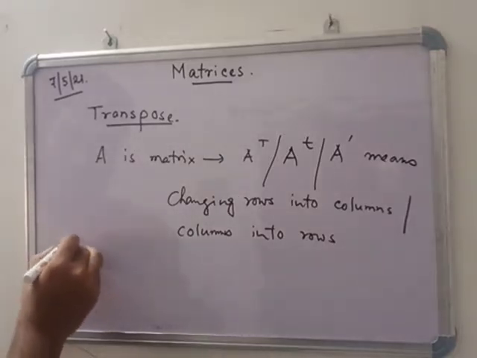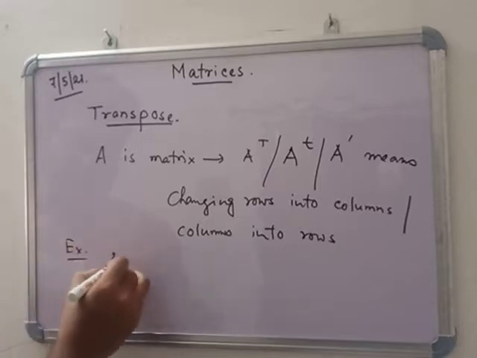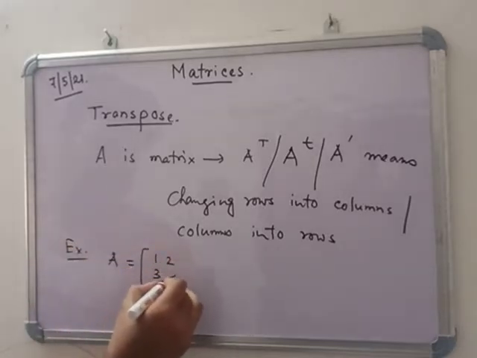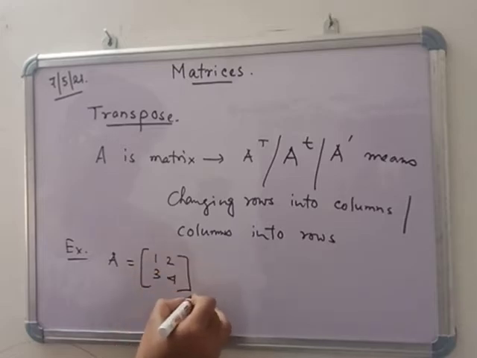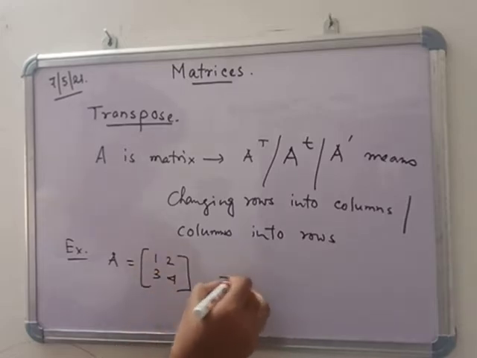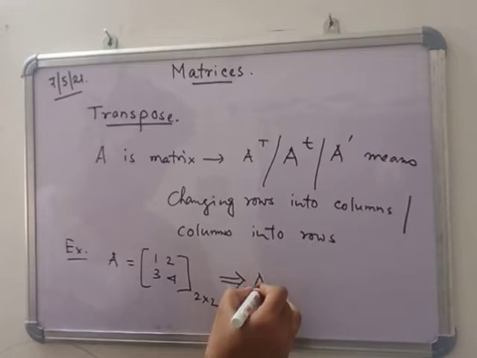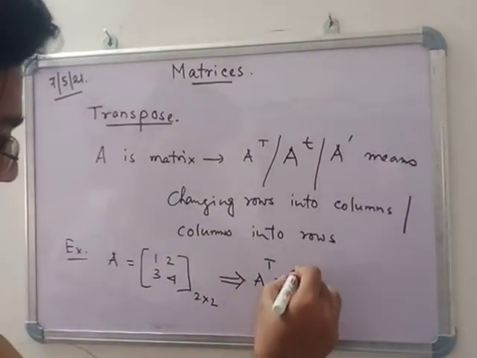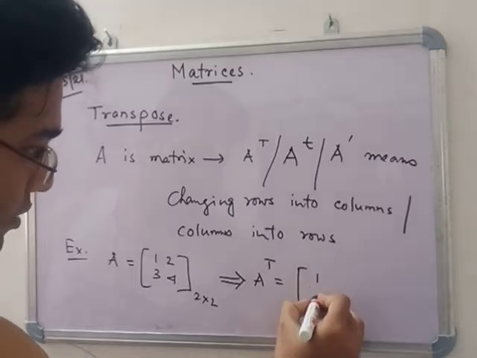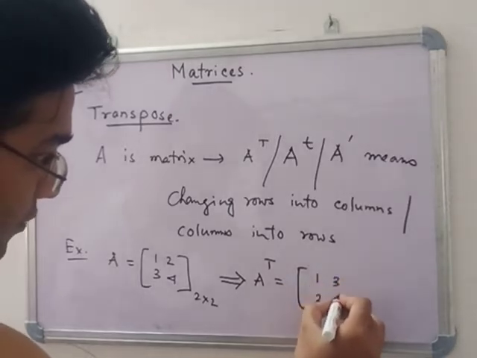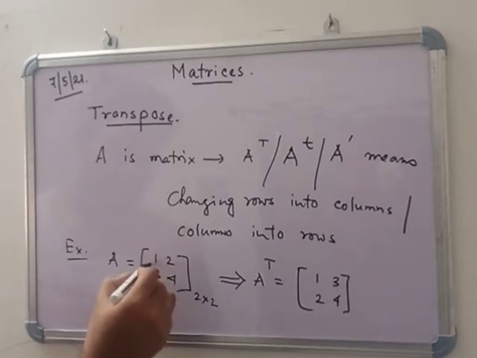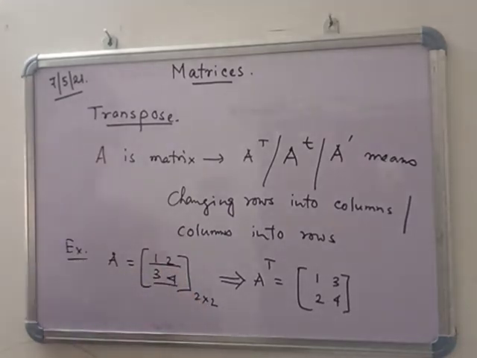Now, for example, see that if A equals 1, 2, 3, 4, a 2 by 2 matrix, then A transpose equals 1, 2, 3, 4. See that? This is the first row, this is the second row. I am changing the rows.